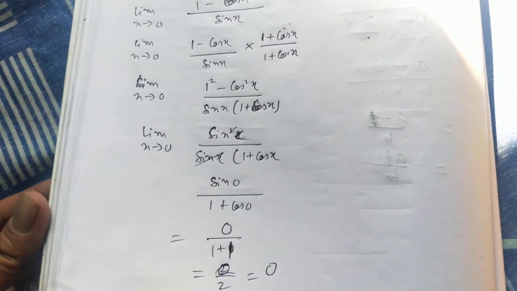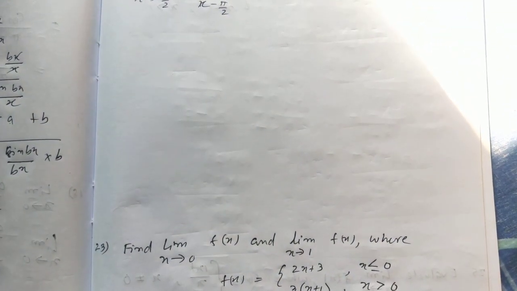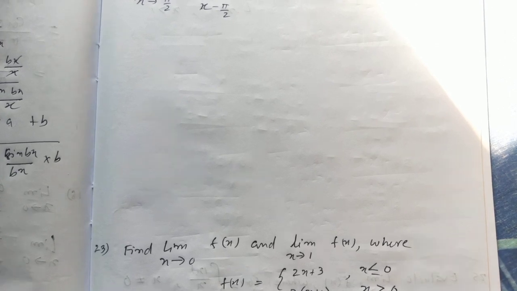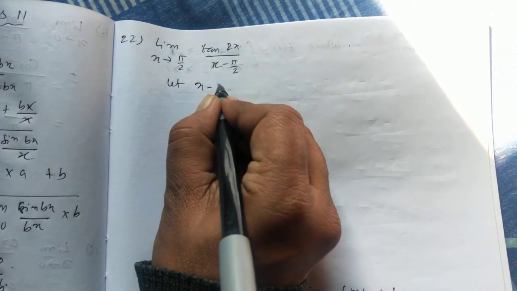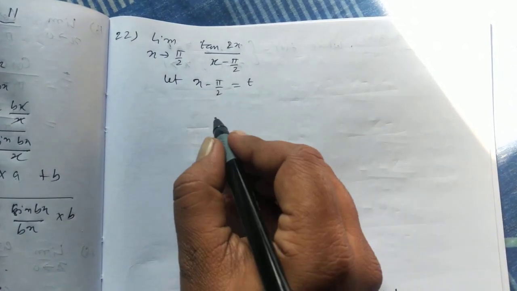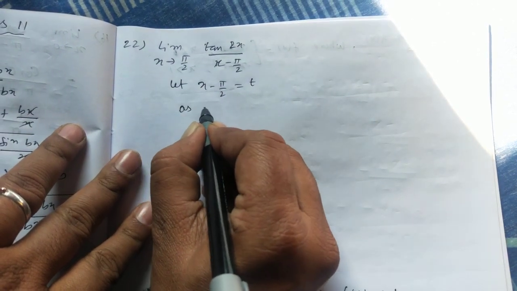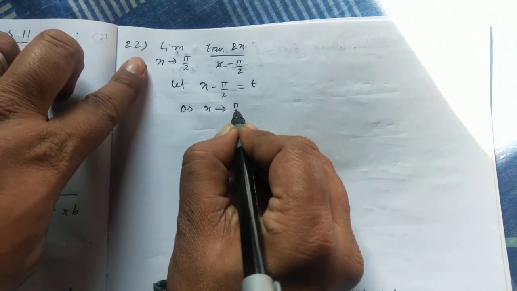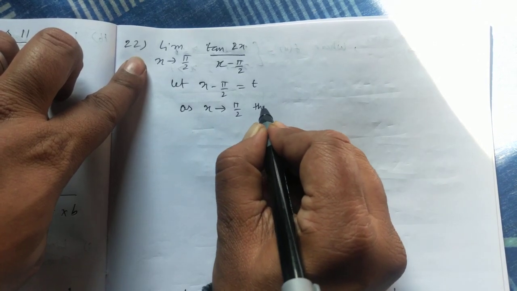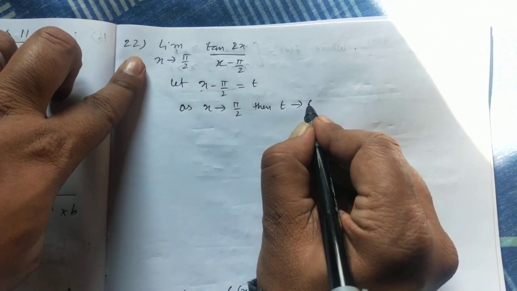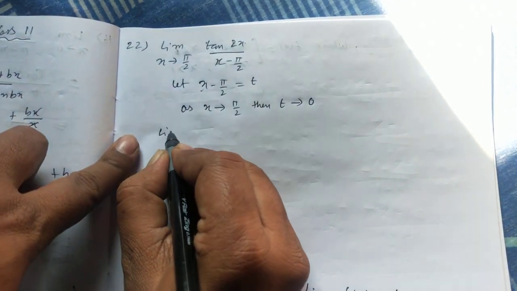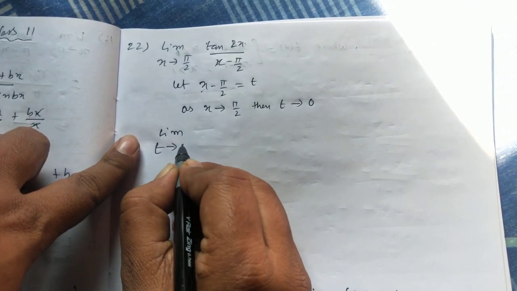Let's do question number 52. We'll consider let x minus pi by 2 equal to t. So as x tends to pi by 2, t tends to 0; if x is pi by 2, t will be nearing 0. So the limit will be converted to t tends to 0.